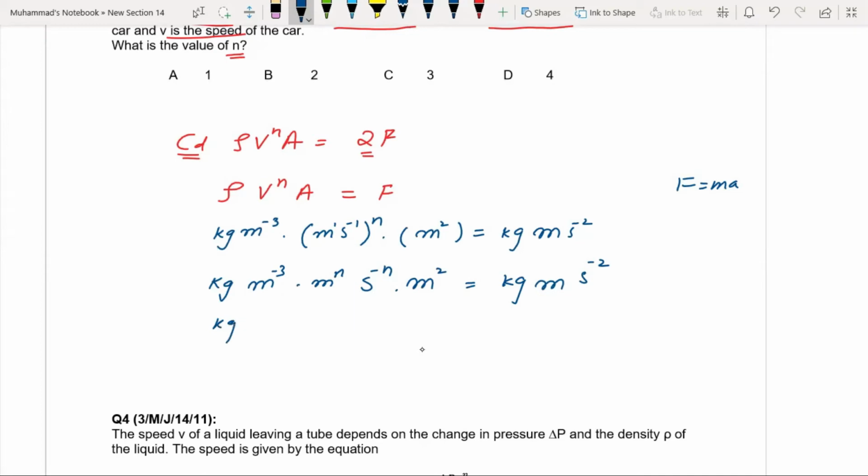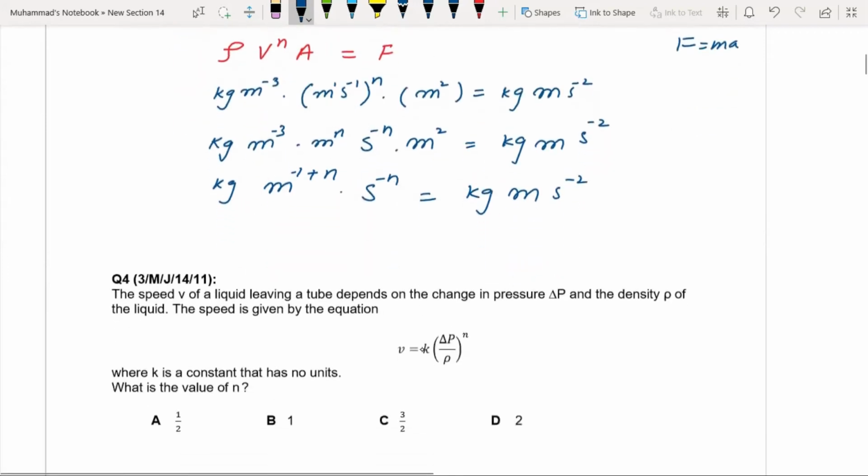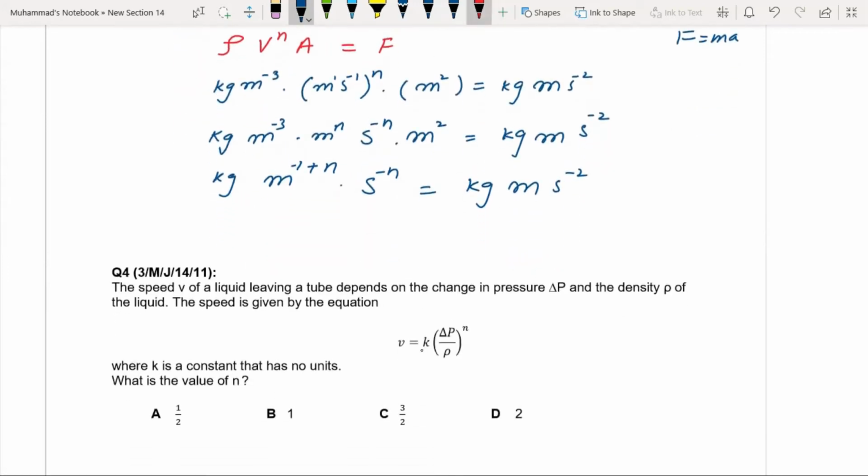That is kg m to the power minus 3 plus 2, this is minus 1 plus n, so m power minus 1 plus n times s power minus n, equal to kg m s minus 2. Now you have simplified the expression, and you have to find the constant n. You can compare the power of s.